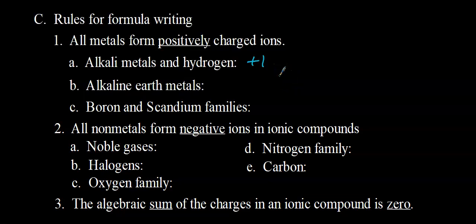The alkaline earth metals, those in group 2, all form an ion with a +2 charge. Both boron and scandium families, so group 13 and group 3, all of those elements except for boron itself, so below boron starting with aluminum, form a +3 ion.